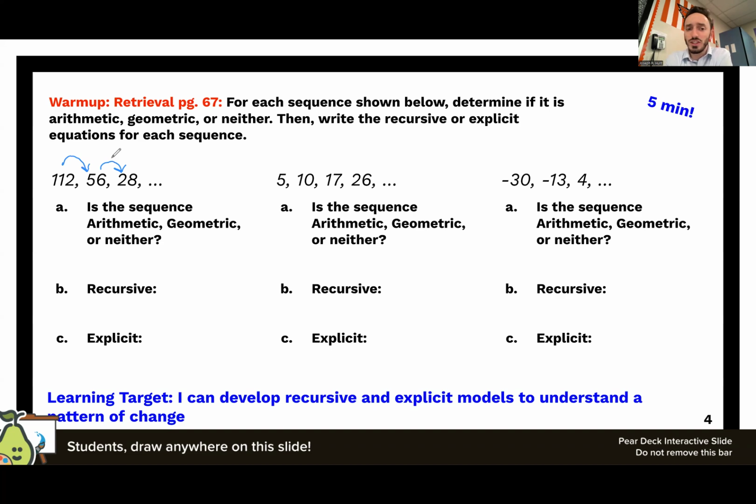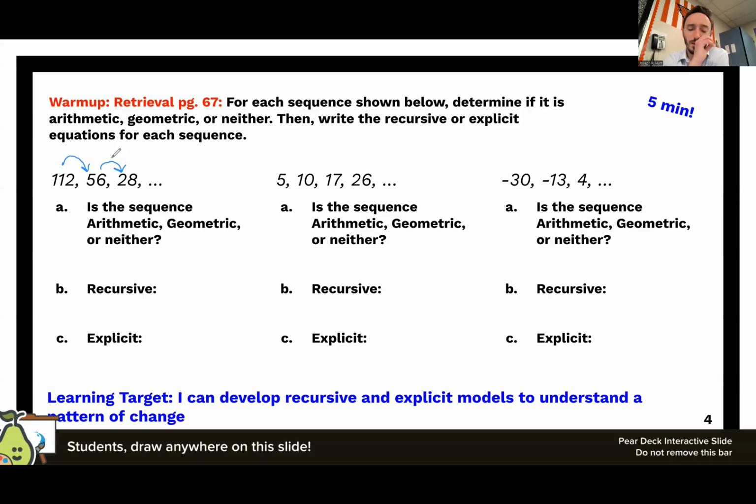What I'm not quite sure yet is whether this sequence is arithmetic, geometric, or neither. If I take 112 going to 56, I could have gotten there by subtracting 56, but if that was going to be an arithmetic sequence, I'd be able to take 56 away from 56 and get the next term in the sequence to be 0, which is not what we see here. We see that the value is actually 28.